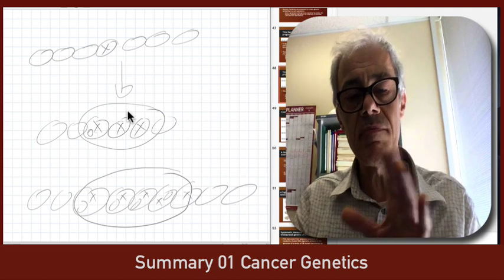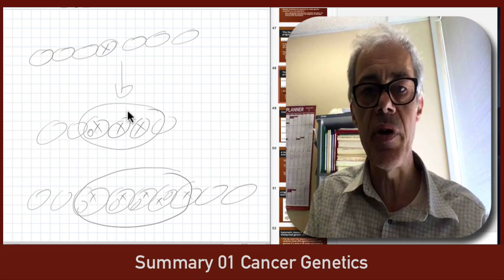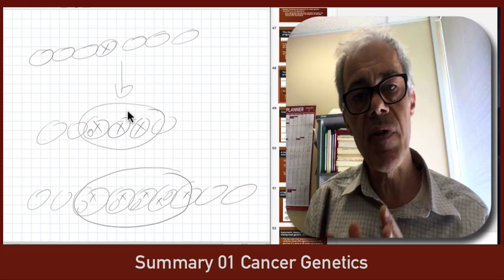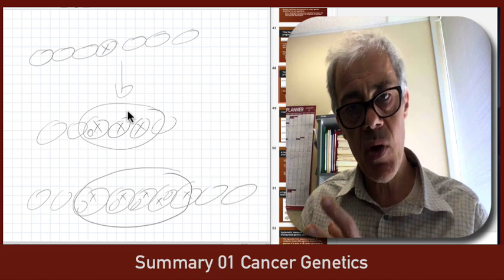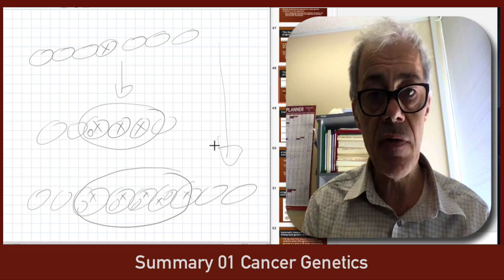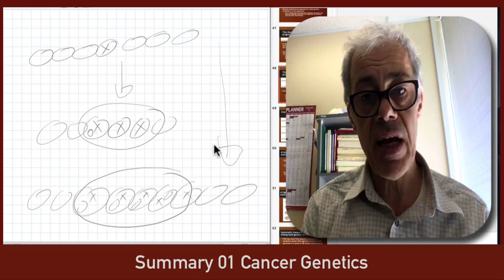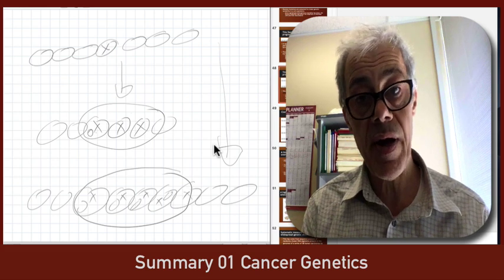I don't want to get into Darwinian evolution, I'm not an expert on it, but that idea of survival of the fittest, those models of thinking have been applied to thinking of survival of cells and having characteristics that allow you to outcompete the surrounding cells.